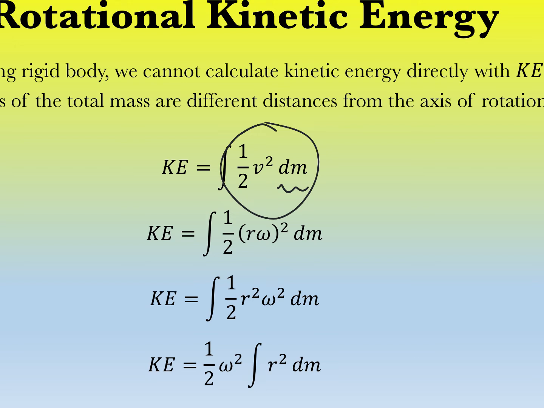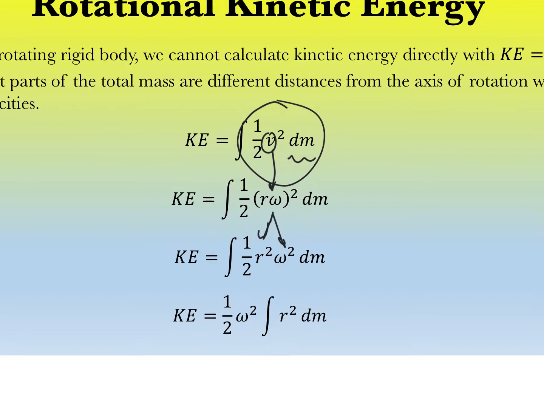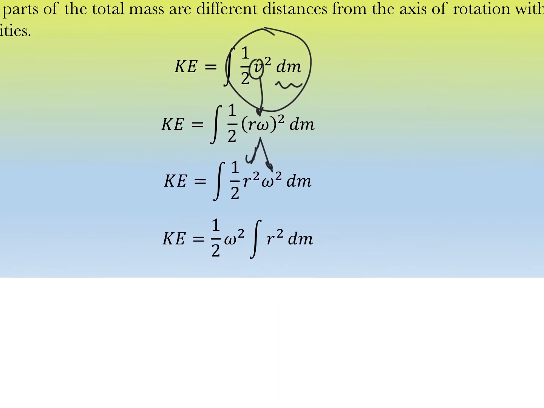But using a couple of conversion formulas that we have for rotation, we know that our velocity is equal to r omega, which is the radius times the angular velocity, which we can separate out into r squared and omega squared. And then the 1/2 omega squared is just a constant, and so we can throw that out in front, assuming we have a constant angular velocity. And then we're left with the integral of r squared dm.